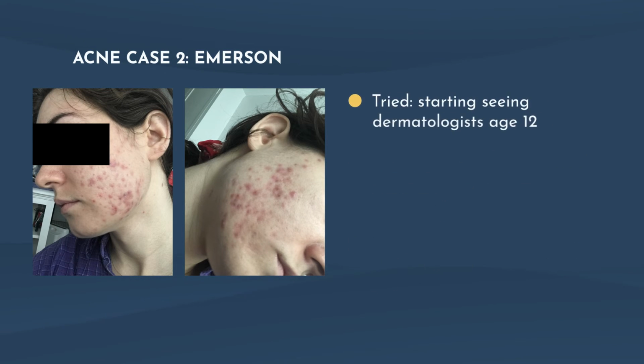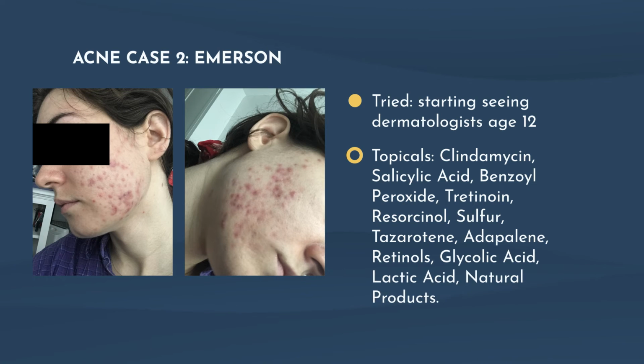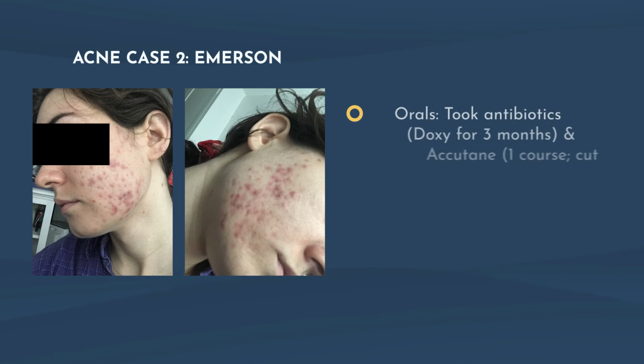They started seeing dermatologists at age 12. They have tried many different topicals, so clindamycin, salicylic acid, benzoyl peroxide, tretinoin, sulfur, tazarotene, adapalene, retinols, glycolic acid, lactic acid, natural products. I mean, they said they've really tried them all, and it sounds like they have. For orals, did antibiotics.